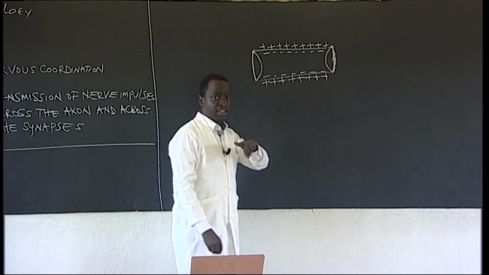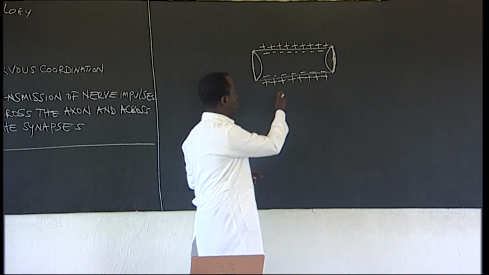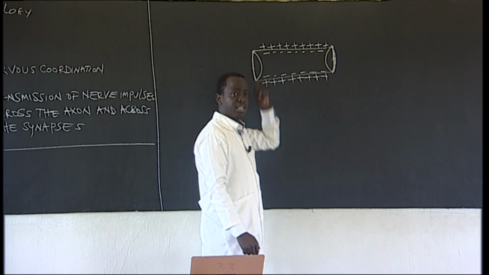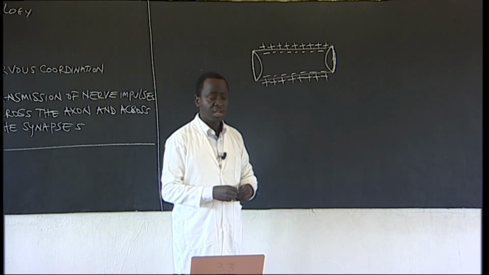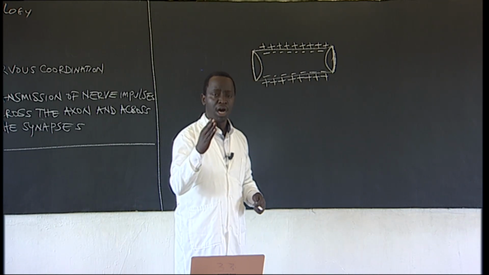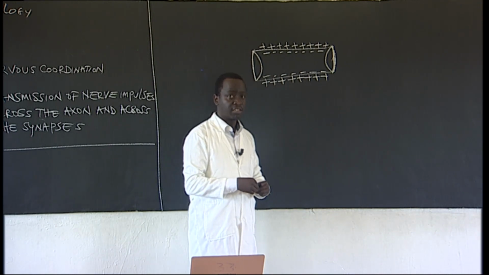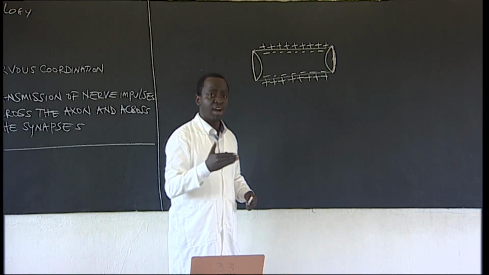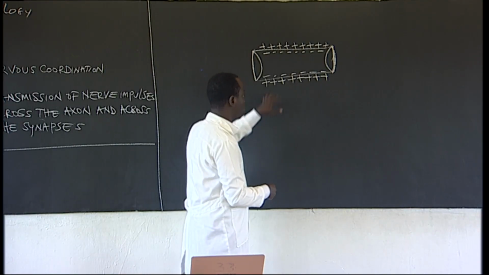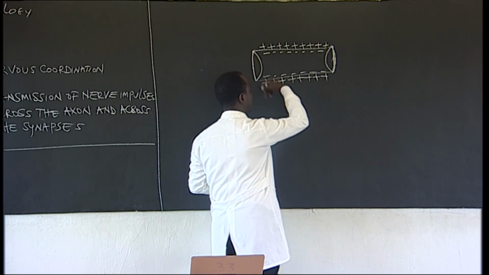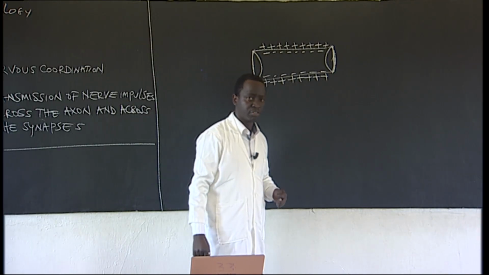The negative charge stands for chloride ions, and also inside here we have potassium ions. But remember, potassium ions are positively charged. Because we have other ions like chloride ions that are negatively charged, the inside is negative, and the outside is positive.